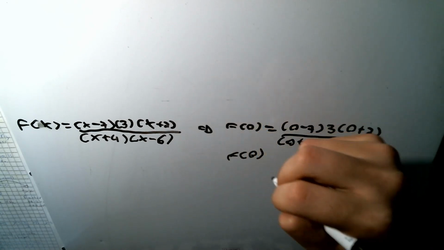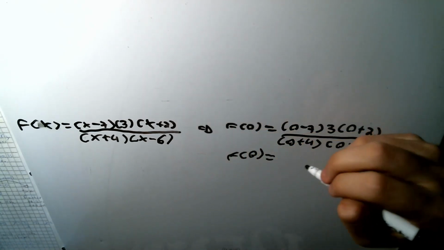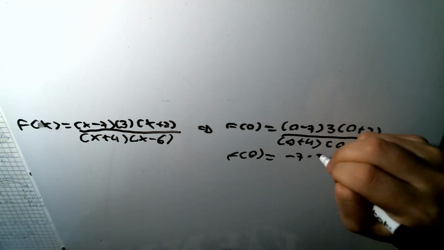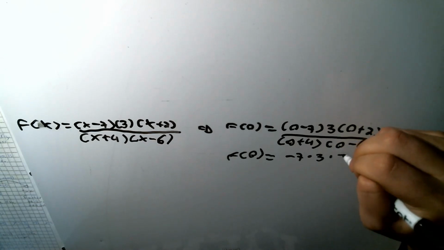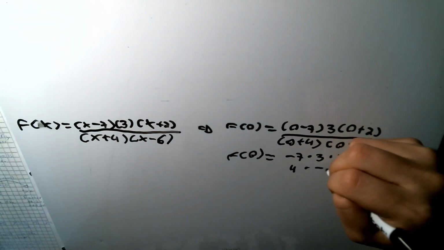Then f of 0 equals minus 7 times 3 times 2, divided by 4 times minus 6.